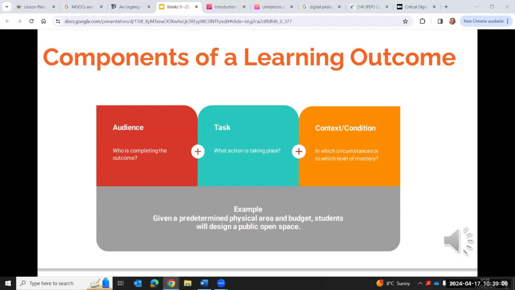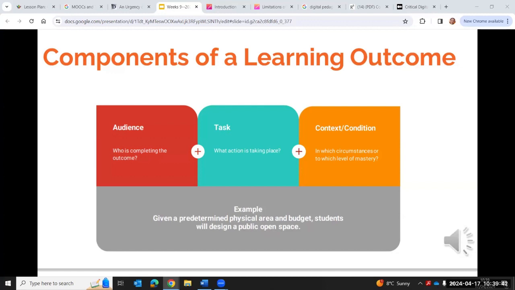And then the context. The context is in a given task: where is this task situated? We have that example of students who are architects, and they're given a specific task. They need to design a public open space in a specific area, in a specific country, in a specific city, with a specific budget.